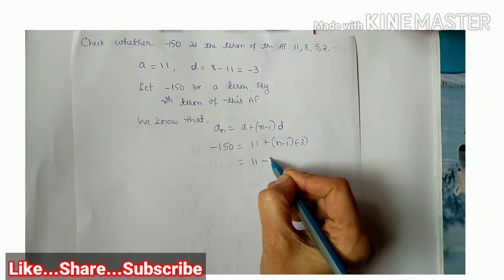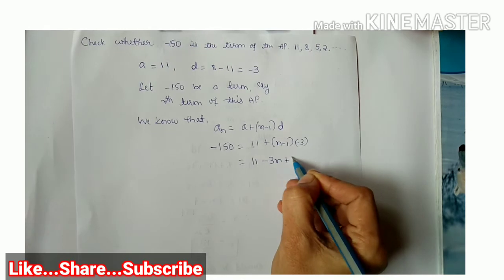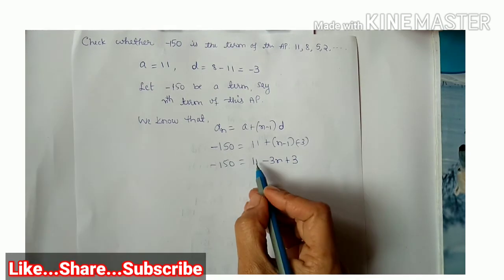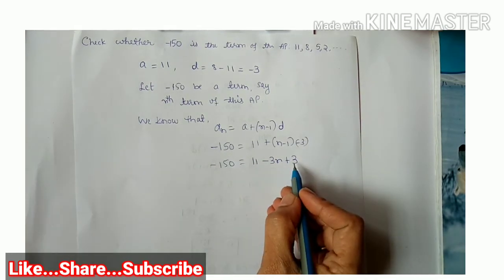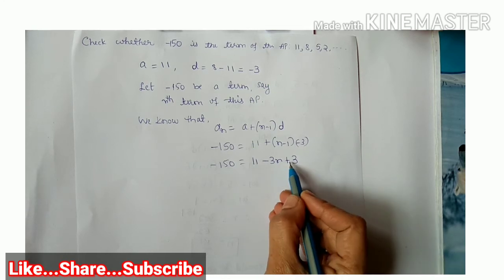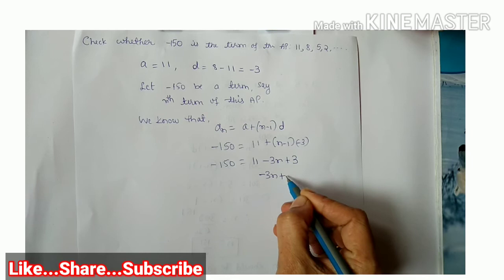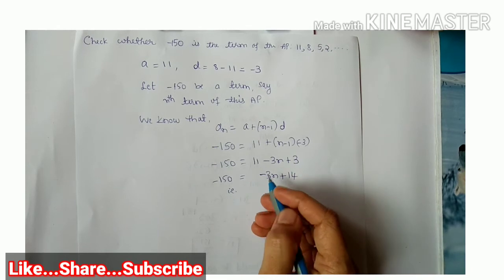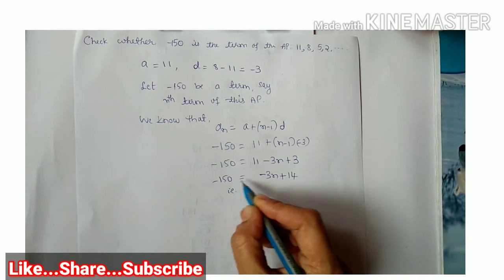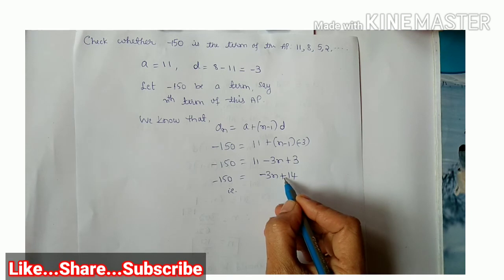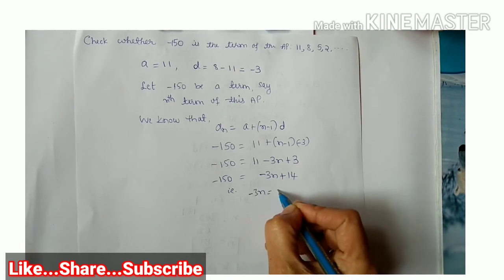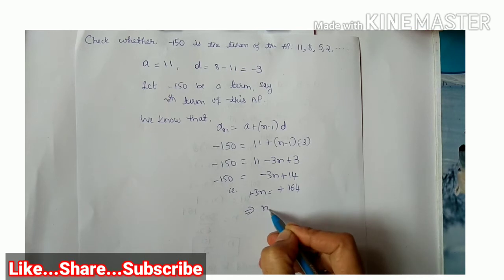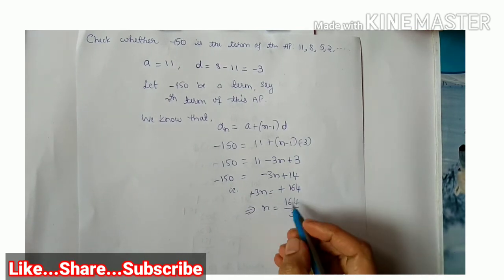Here 11 - 3n + 3, which is -3n + 11 + 3, that is -3n + 14. So -150 - 14 = -3n, that is -164 = -3n. It implies n is equal to 164/3.